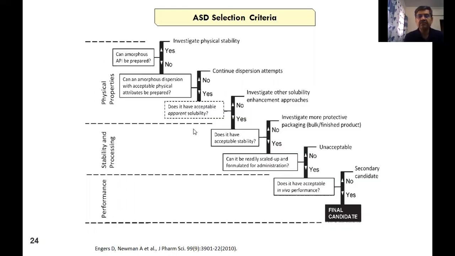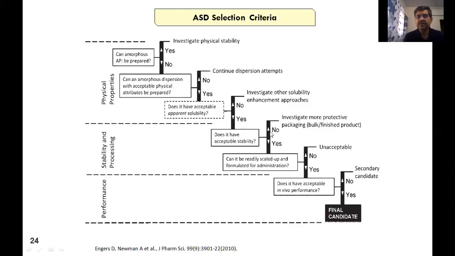If it doesn't give you the acceptable solubility enhancement, then you continue your investigations and try to find some more optimal polymers for the purpose. If you get the appropriate apparent solubility, then the next thing to be evaluated is, does it have acceptable stability?